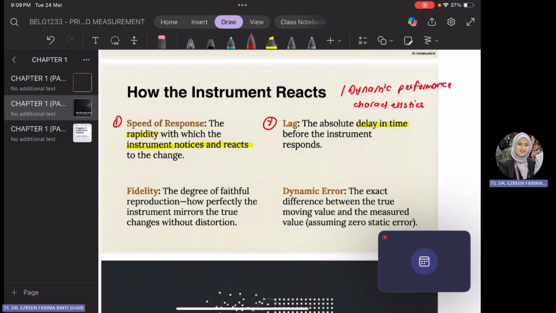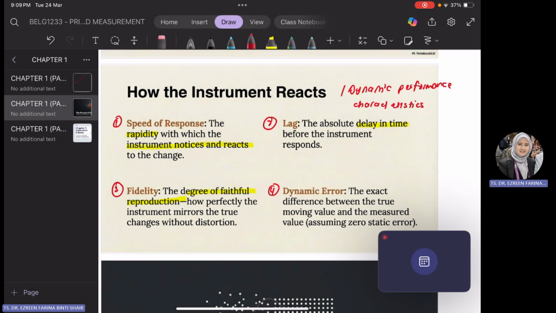The third one is the fidelity. Fidelity is the degree of reproduction, meaning how perfectly the output mirrors the input. And lastly is the dynamic error.